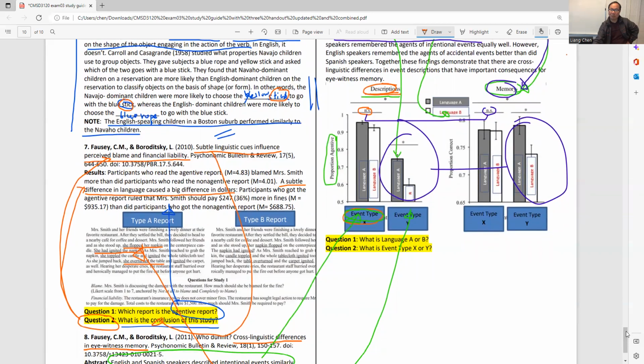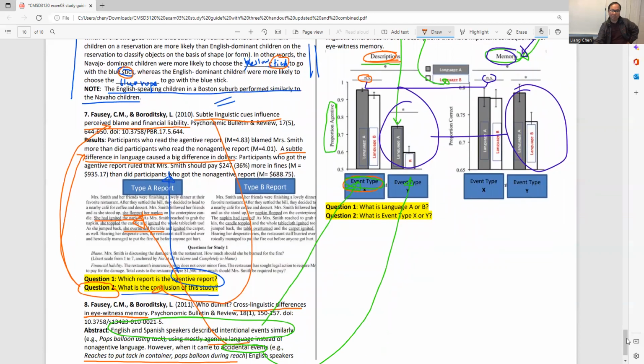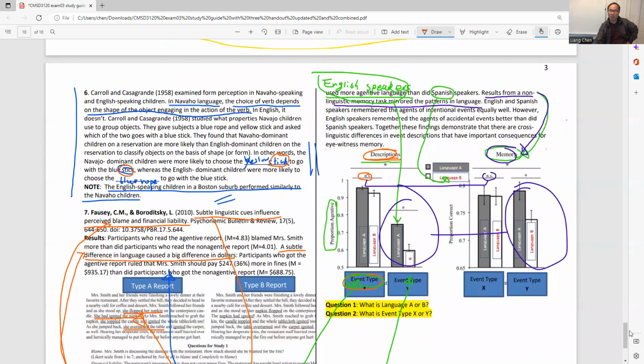Then we have two languages, A and B. Since the first sentence says English speakers and Spanish speakers describe the intentional events similarly, we cannot figure out the identity of language A and B just by looking at this. So we need to look at something else. When it comes to accidental events, English speakers use more agentive language.